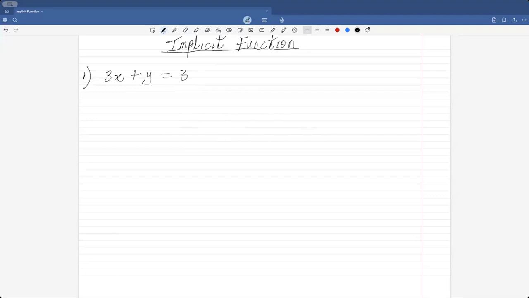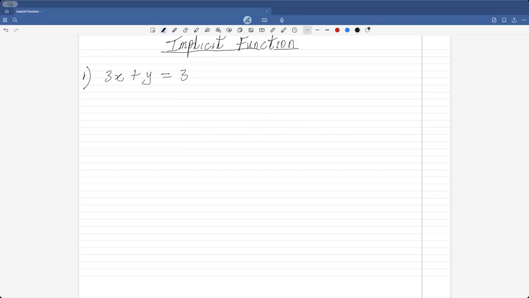Now, if we are given this kind of a function and we are told to find the derivative of this function, if we look at the functions we've been differentiating in the past videos, you will realize that we've been dealing with x.